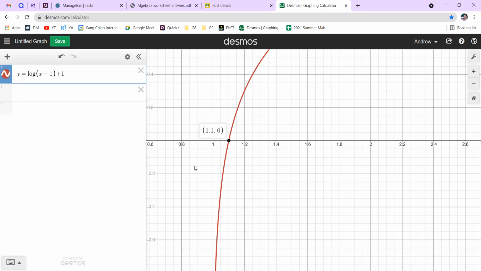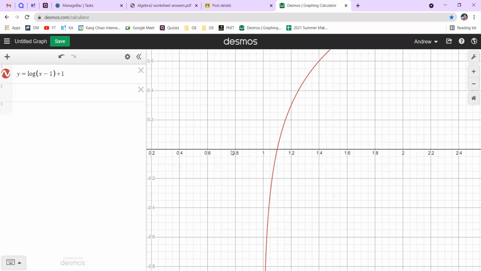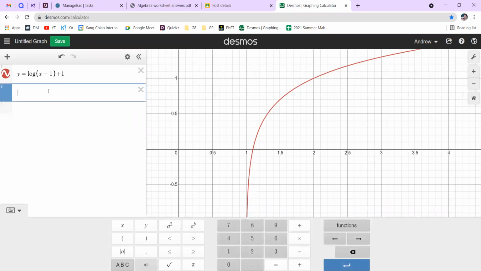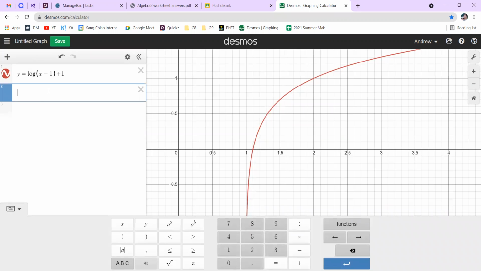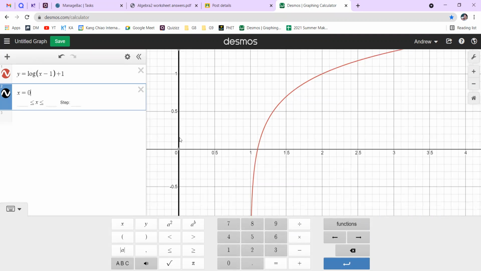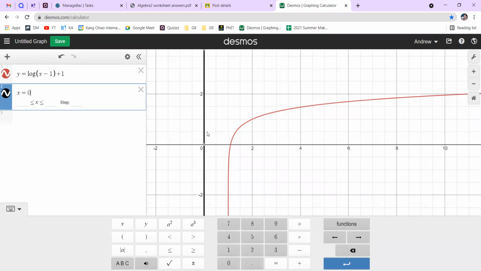The asymptote for the parent function is x equals 0, but the whole graph shifts to the right 1 unit. Can I write x equals 0? x equals 0 is this black line.